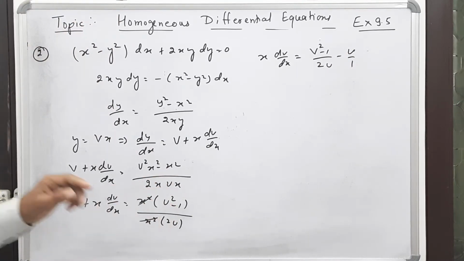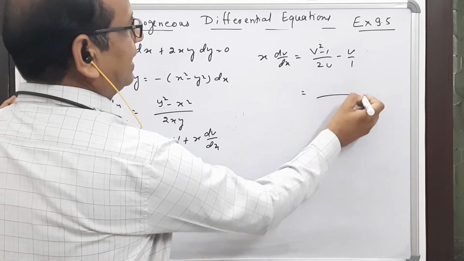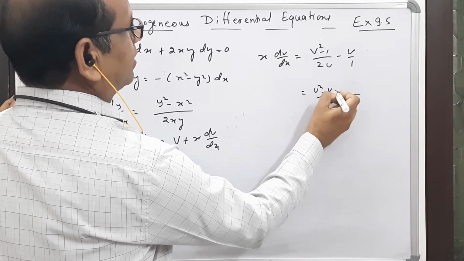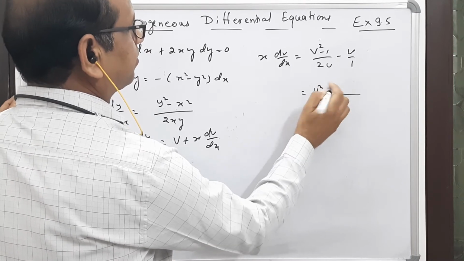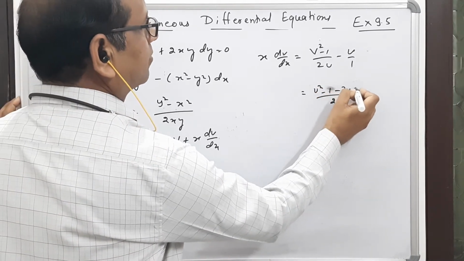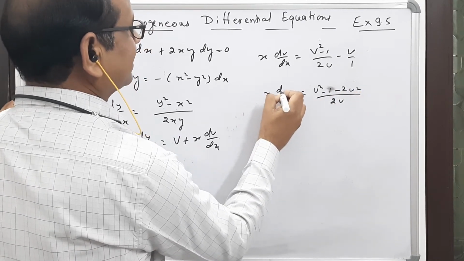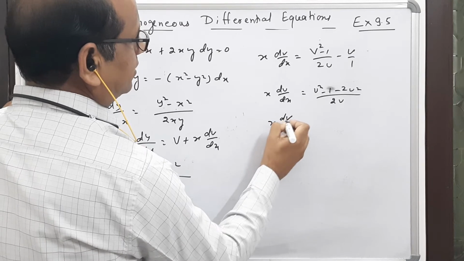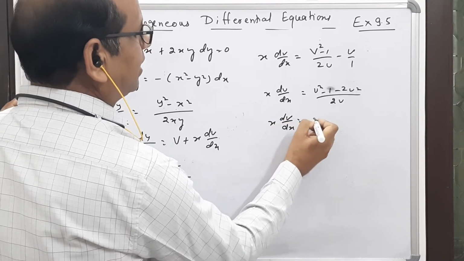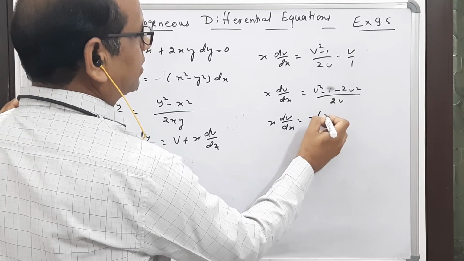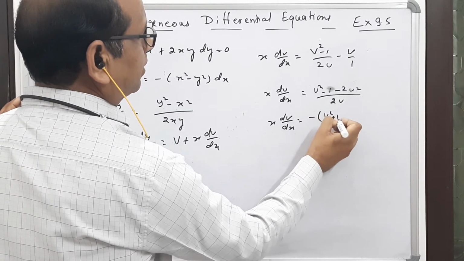The LCM is 2v, so it is v square minus 1 minus 2v square, and here it is x dv by dx. So x dv by dx will be minus common and v square plus 1.